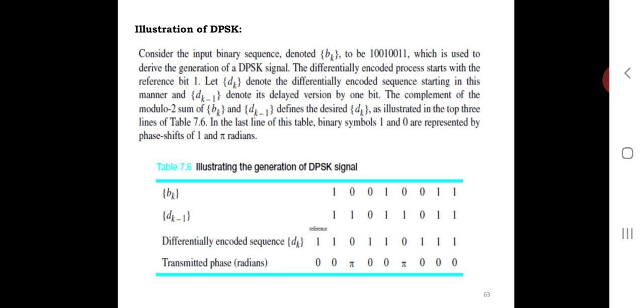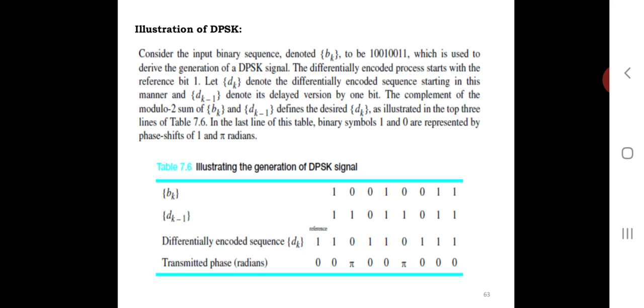So from this we have converted that B of k to D of k by taking a reference bit as 1. Then the differential encoding process starts with the reference bit 1. Let D of k denote the differentially encoded sequence starting in this manner, and D of k minus 1 denote the delayed version by 1 bit.